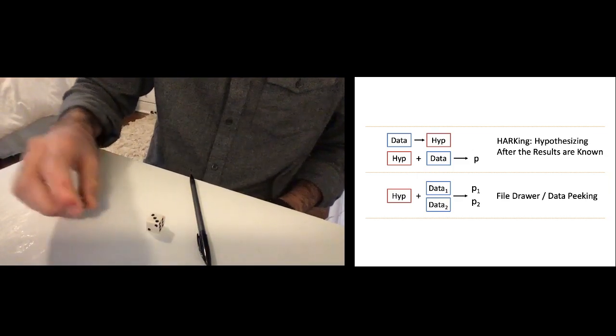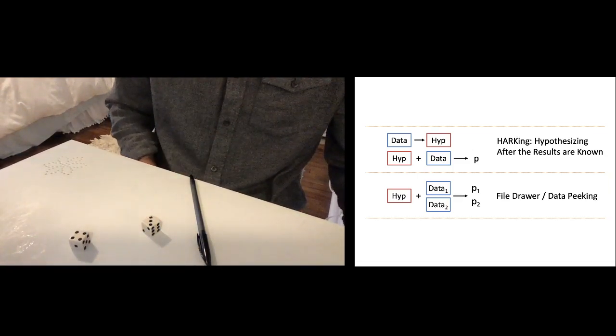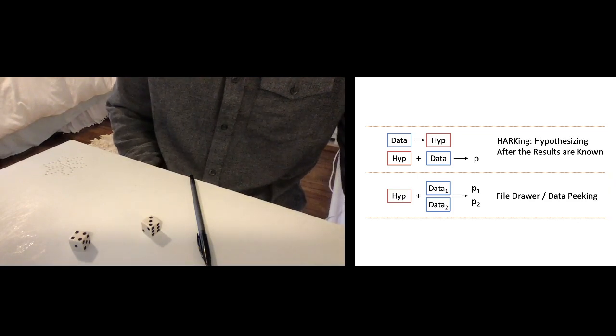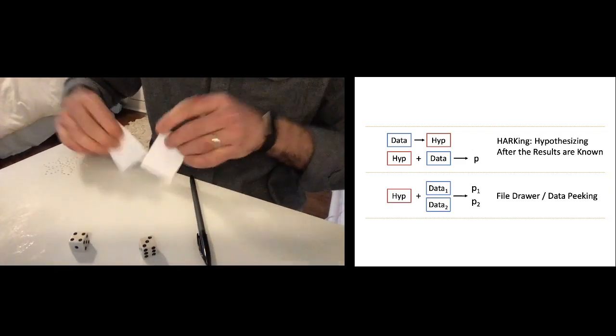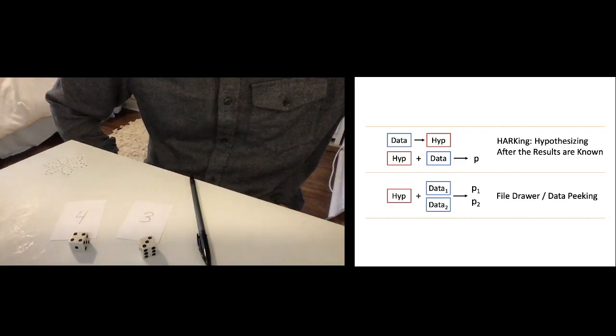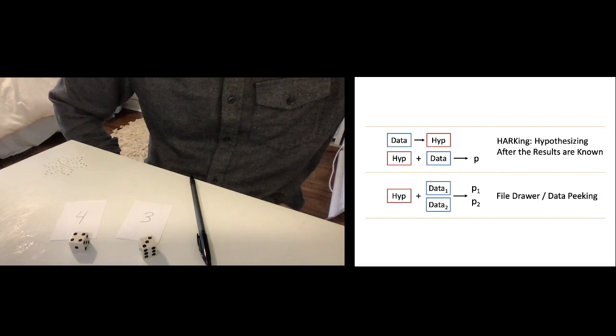Okay, so we got a 4 on the right and a 3 on the left, right? And now I'm going to pull out the things I wrote down before, and let's see. Look at that match.